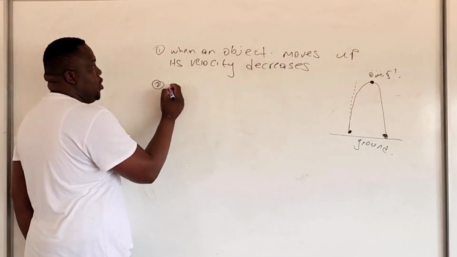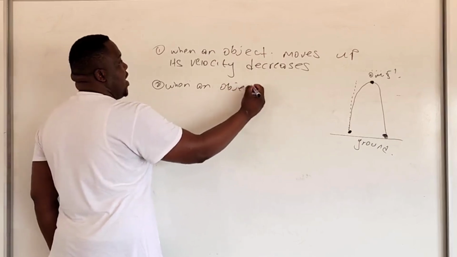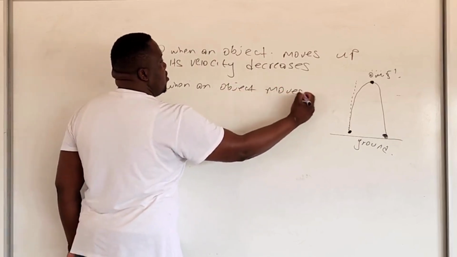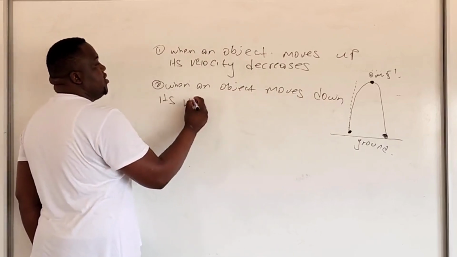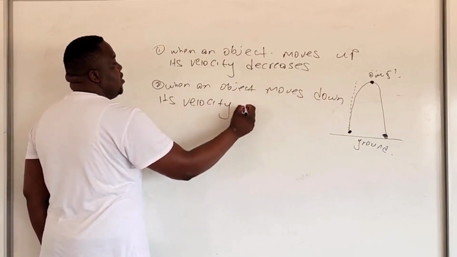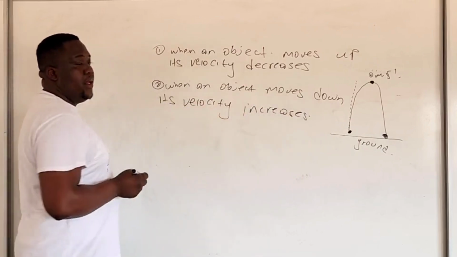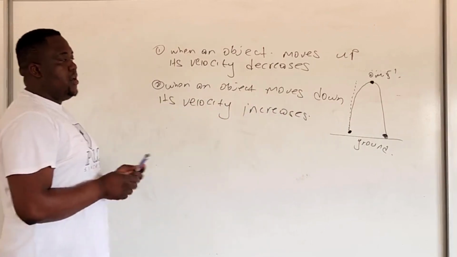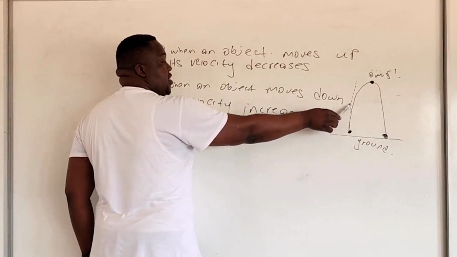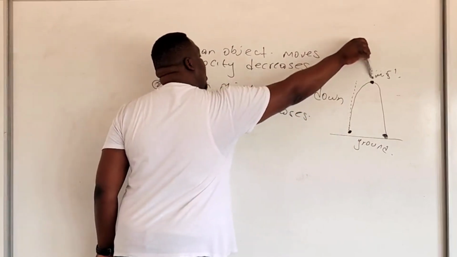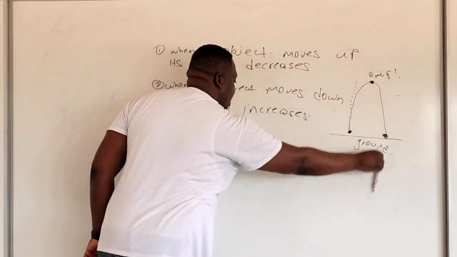So statement number 2, when an object moves down, its velocity increases. As the object is moving up, the velocity will be decreasing. But when the object starts to move down, velocity will increase.